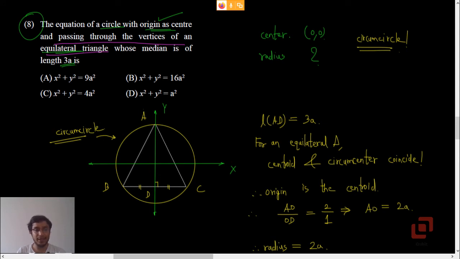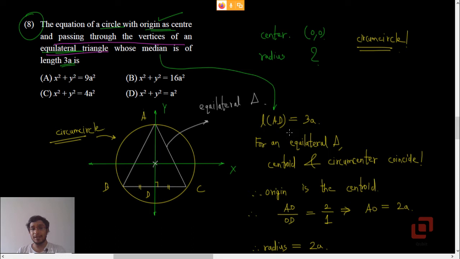So the white triangle is our equilateral triangle, and obviously the circumcenter of this triangle is going to be at the origin. It is given in the problem that the length of the median, let's call it AD, is equal to 3a units.